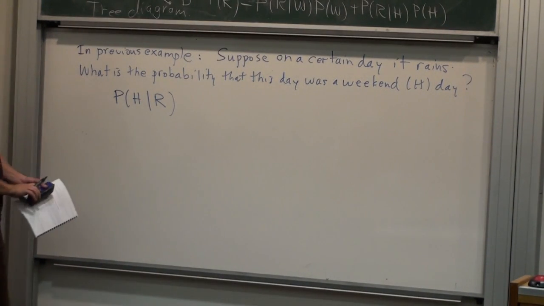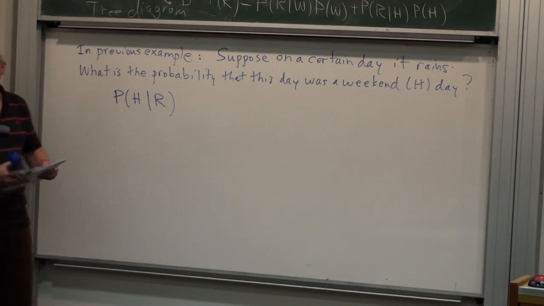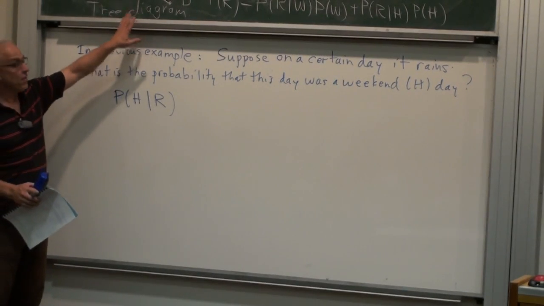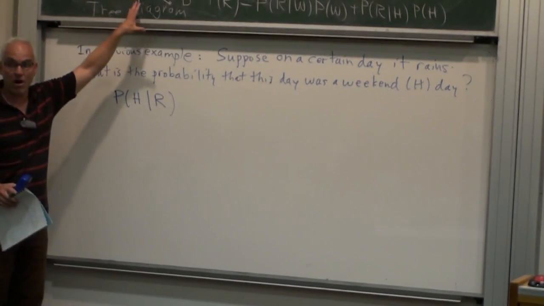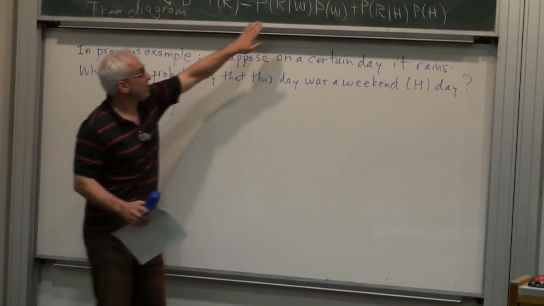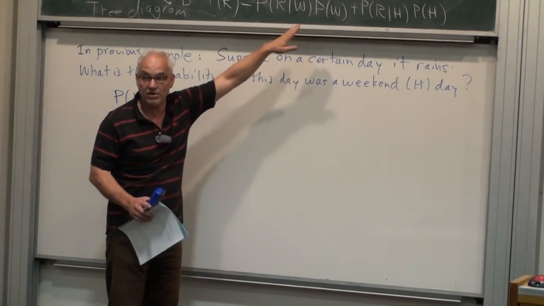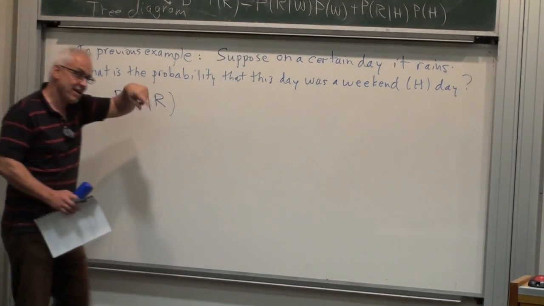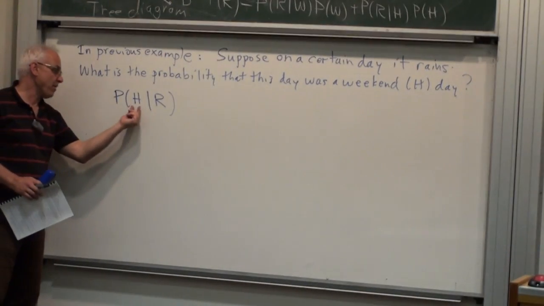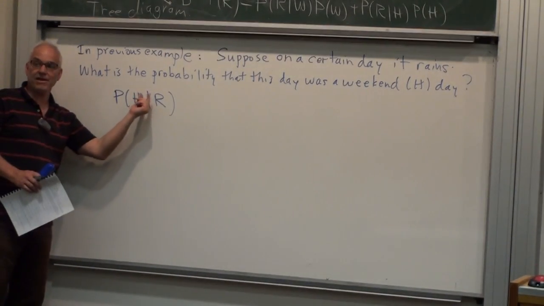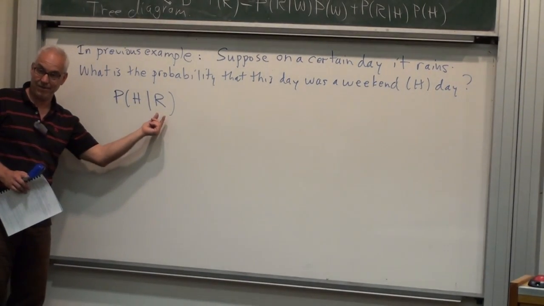It's a different kind of conditional probability than the ones we've been talking about before. The conditional probabilities that have appeared so far are the probability of it raining given it's a weekend day or given that it's a work day. Now we're asking a different kind of question, the probability of it being a home day given it's a rainy day.